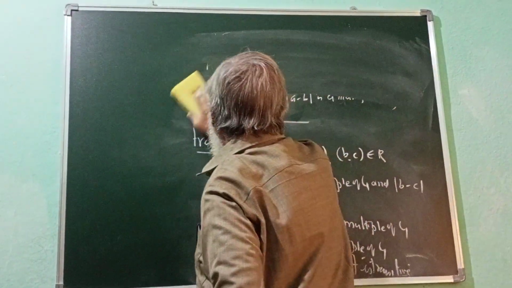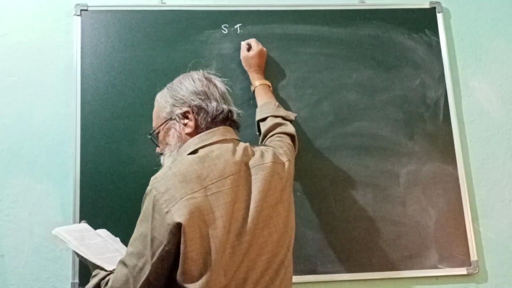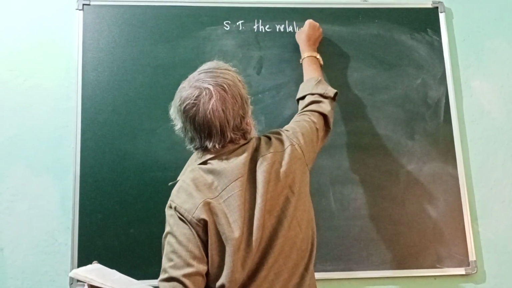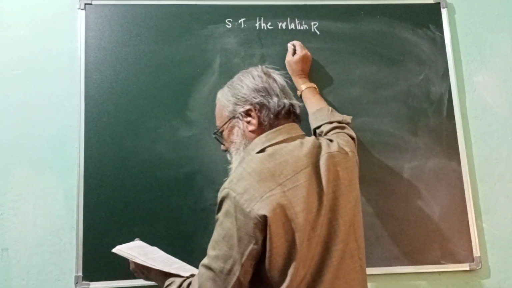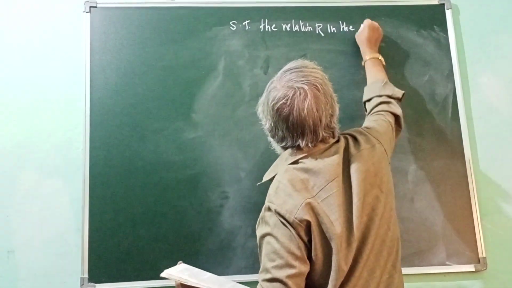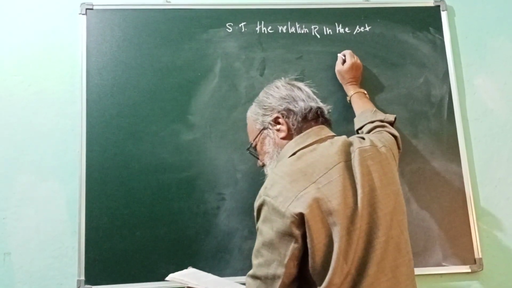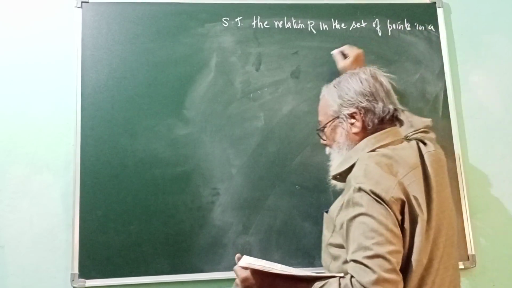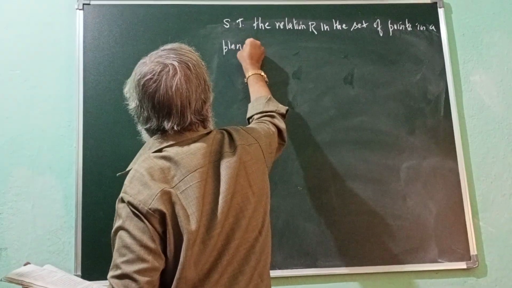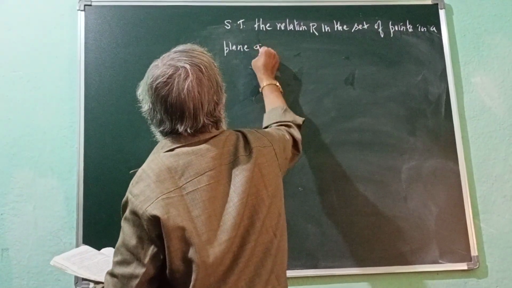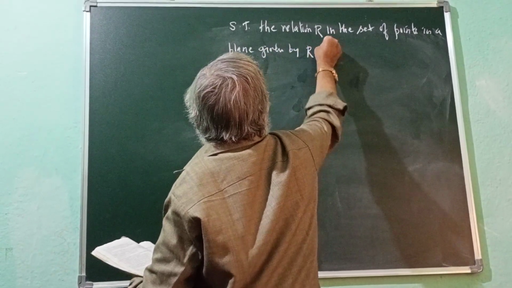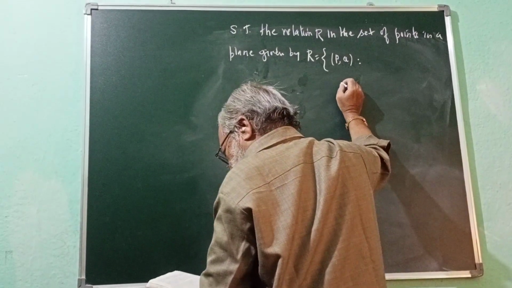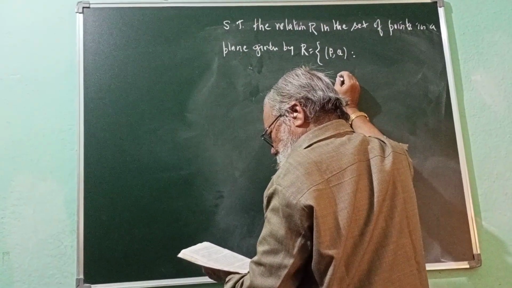Next problem. Show that the relation R in the set A of points in a plane given by R is equal to PQ, where P and Q are points such that the distance of point P from the origin is the same as the distance of Q from the origin.